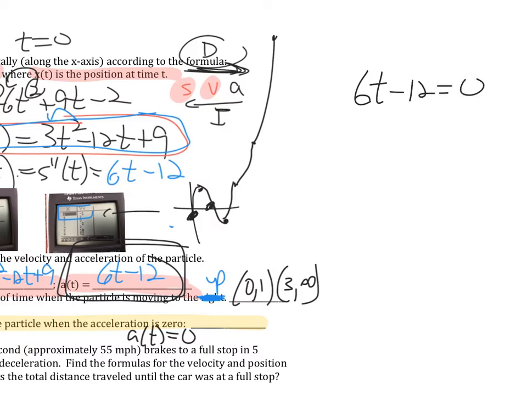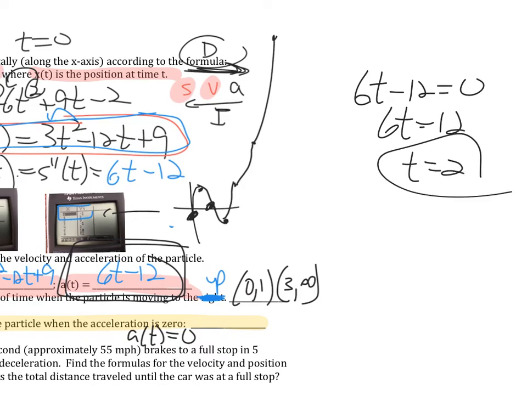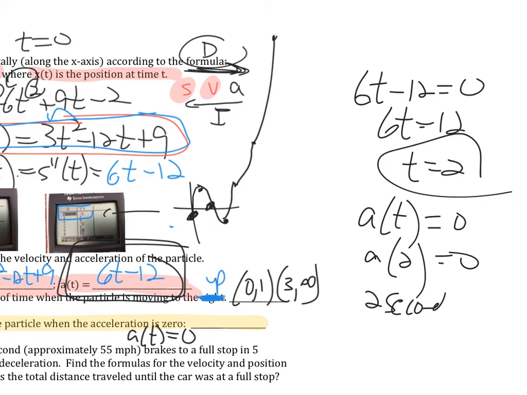If I set that equal to 0 and solve, I get t is equal to 2. So a of 2 equals 0. That means 2 seconds into this particular path, the acceleration is 0.